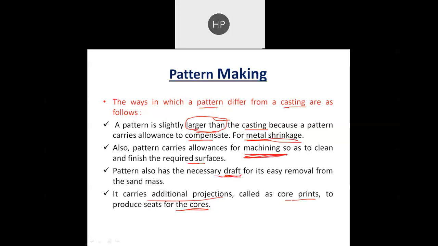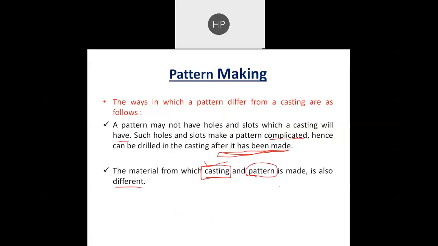Then it has a draft for easy removal from the sand, and it has core prints to fix the core. We should avoid holes and slots, while we can make them in the casting by drilling. And finally, the material from which the casting and pattern are made is different. So these are the differences between pattern and casting.